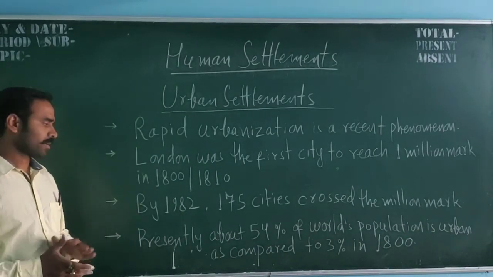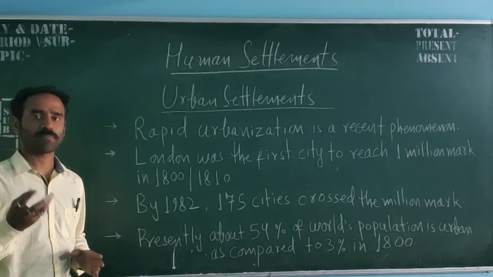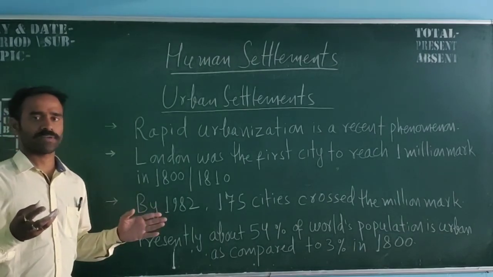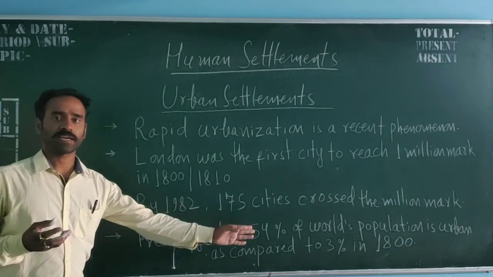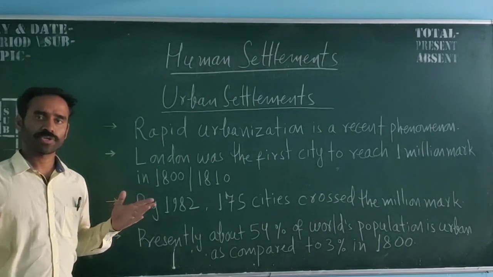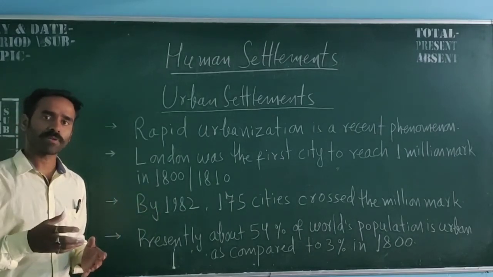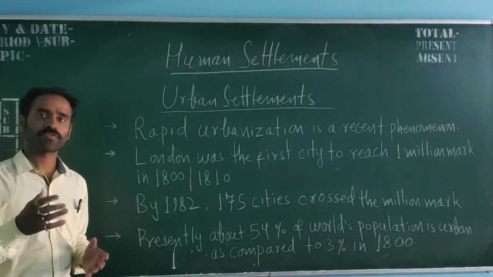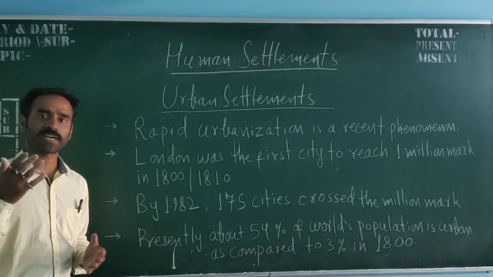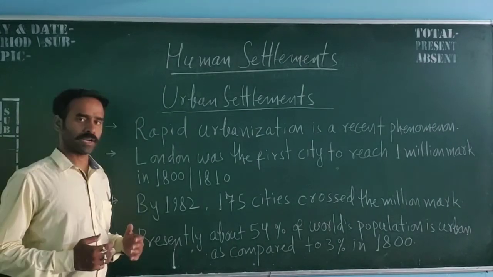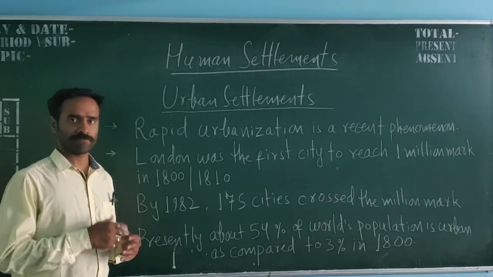Recently, about 54% of the world's total population is urban, as compared to only 3% in the year 1800. So you can see the change, how people move from rural to urban for their better living standard and for the betterment of their lives.